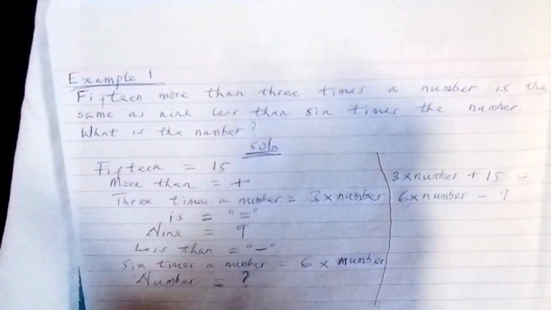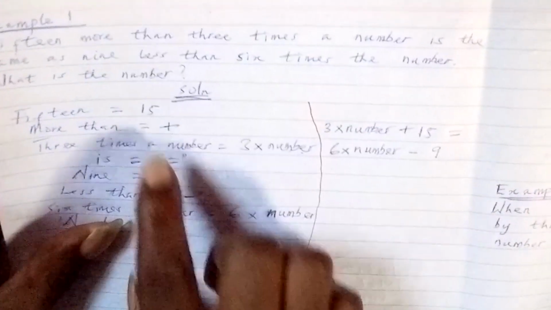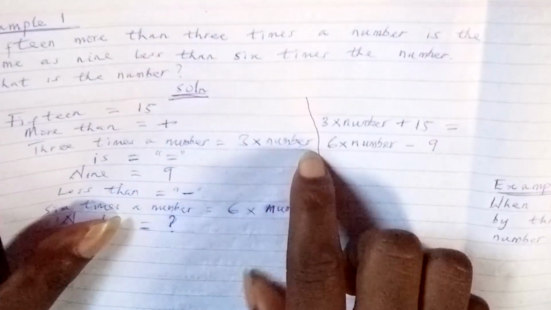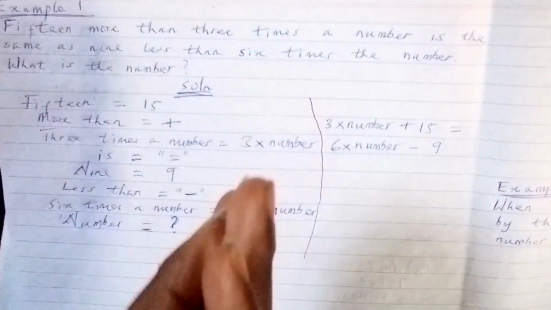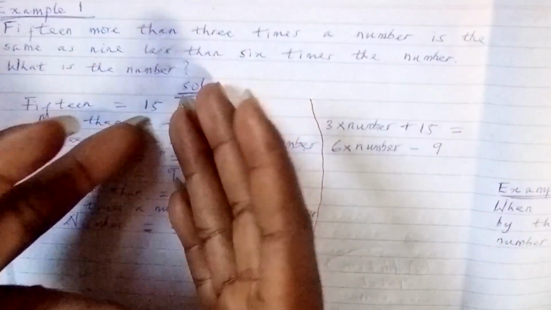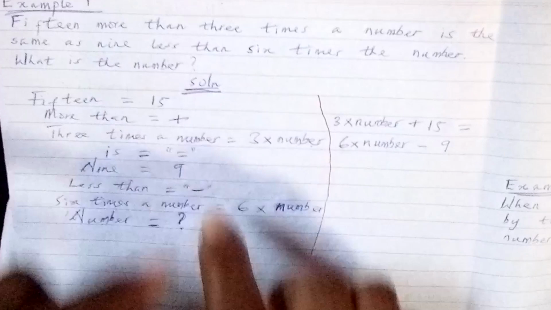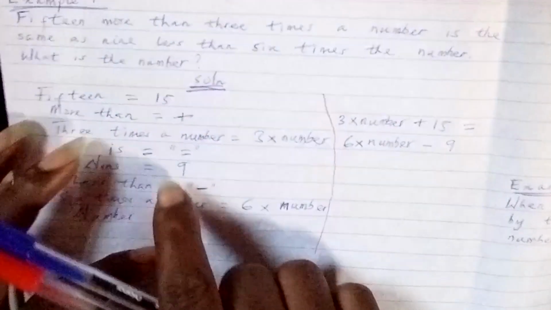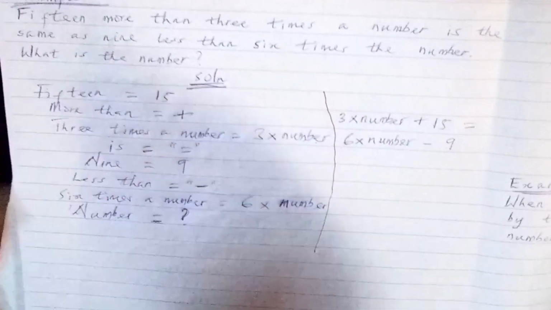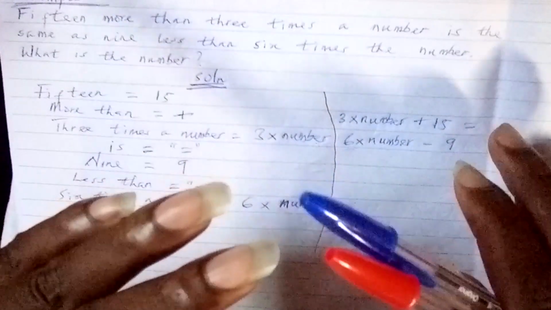That is the reason why I did not write 15 plus 3 times the number. If I wrote it like that, it would still be correct because addition is commutative. But when you come to subtraction, remember subtraction is not commutative. Therefore, if I write 9 minus 6 times the number, our solution will be wrong.